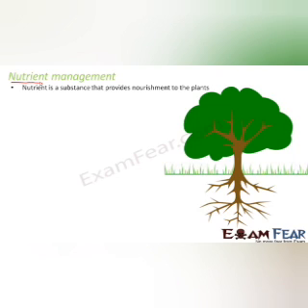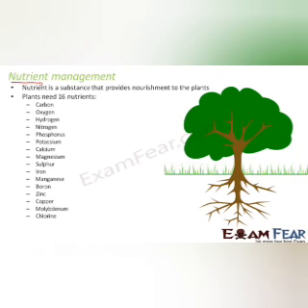So let us see what the nutrients for a plant are. What are the things that a plant needs to be healthy? A plant needs 16 nutrients in total. So what are those nutrients? It's carbon, oxygen, hydrogen, nitrogen, phosphorus, potassium, calcium, magnesium, sulfur, iron, manganese, boron, zinc, copper, molybdenum and chlorine.